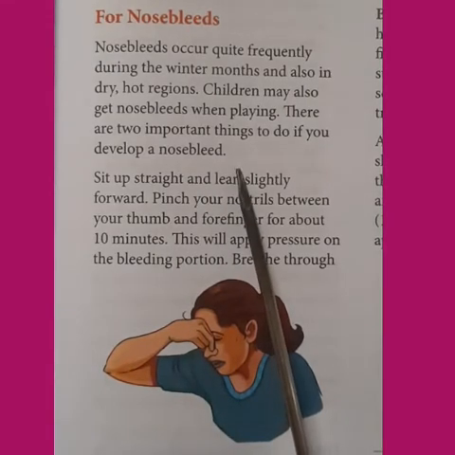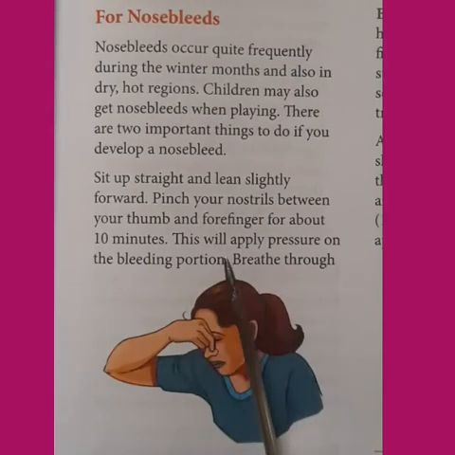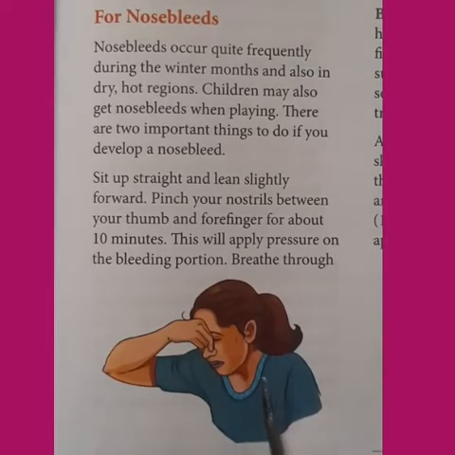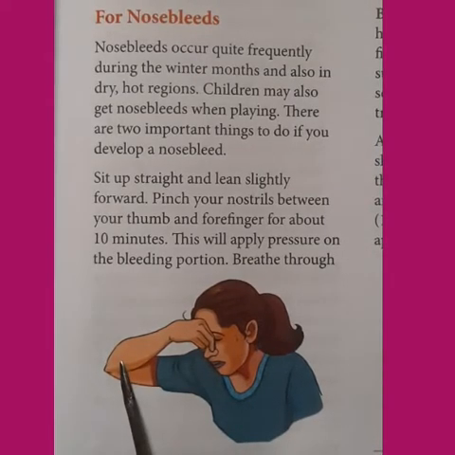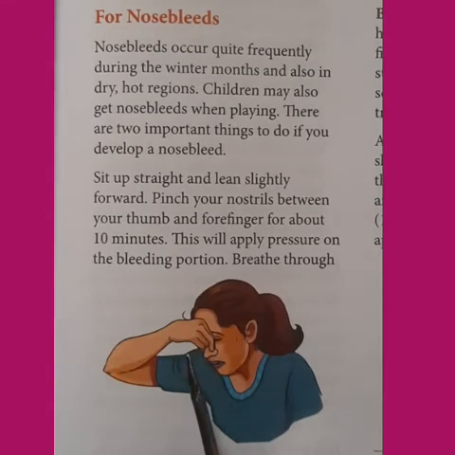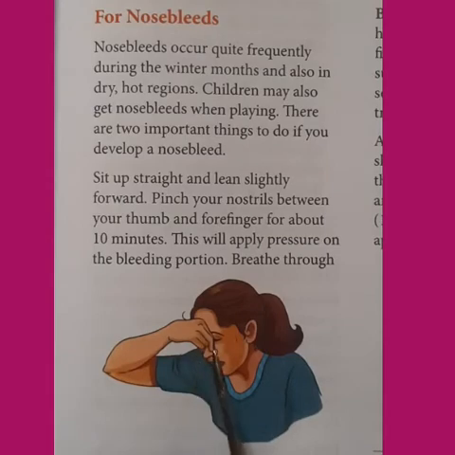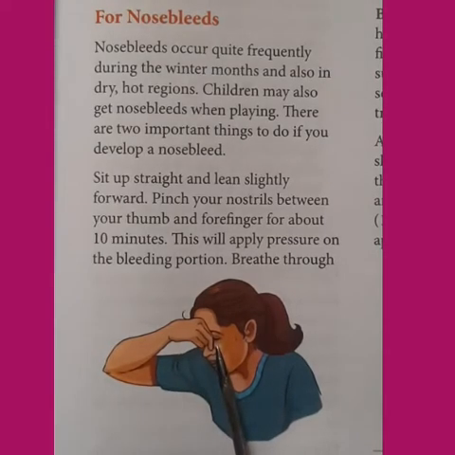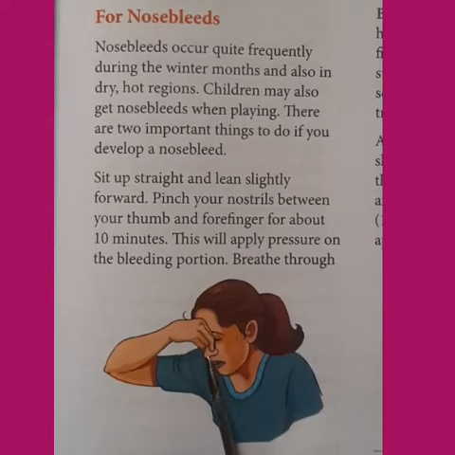First of all, we have to sit straight and lean slightly forward. Can you see in this picture? She is sitting straight and a bit forward. Then with our hands, using our fingers, that is thumb and forefinger, we have to pinch the nostrils for about 10 minutes.